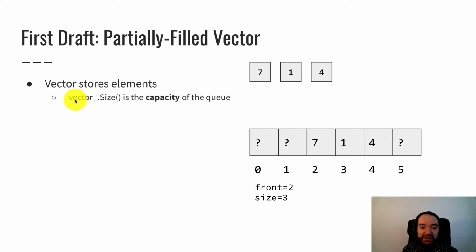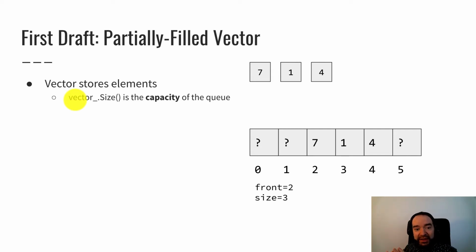We have a distinction here between size and capacity. This is similar to the distinction between size and capacity that we had back when we were implementing vector. So remember that vector is a partially filled array. The array object has a certain capacity, which is how many elements it could hold, and then the vector's size is how many elements it actually holds at the moment.